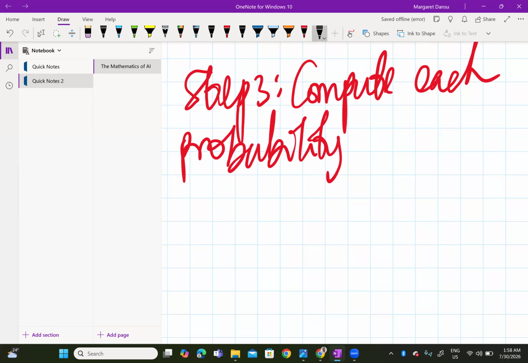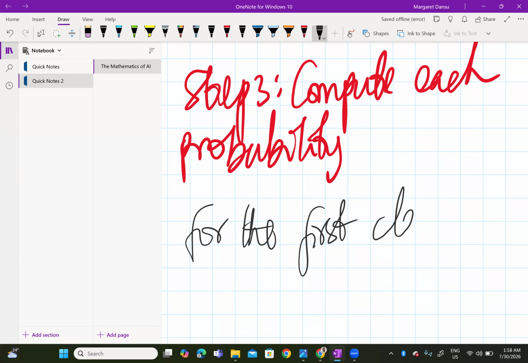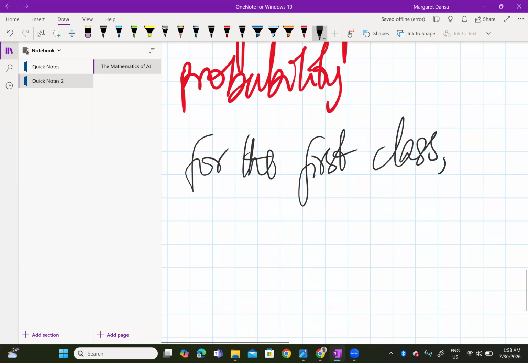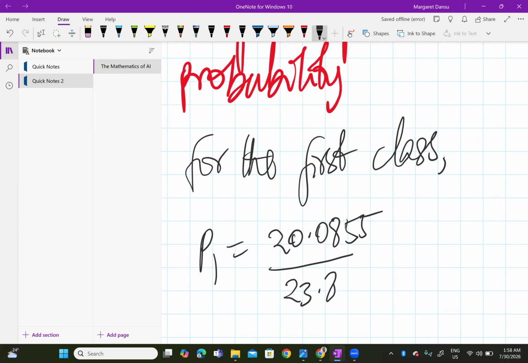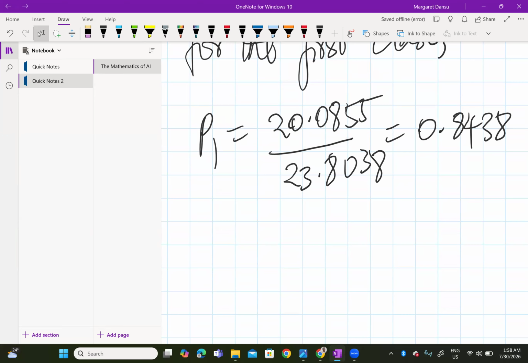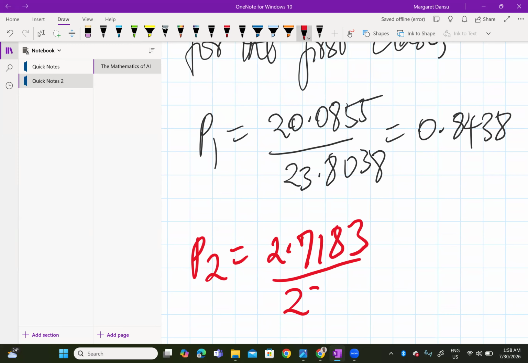So for the first class, we have the probability as P1, that's 20.0855 all over 23.8038, and that is equal to 0.8438. Then we have for the second class, P2, which is 2.7183 all over 23.8038, and that is equal to 0.1142.